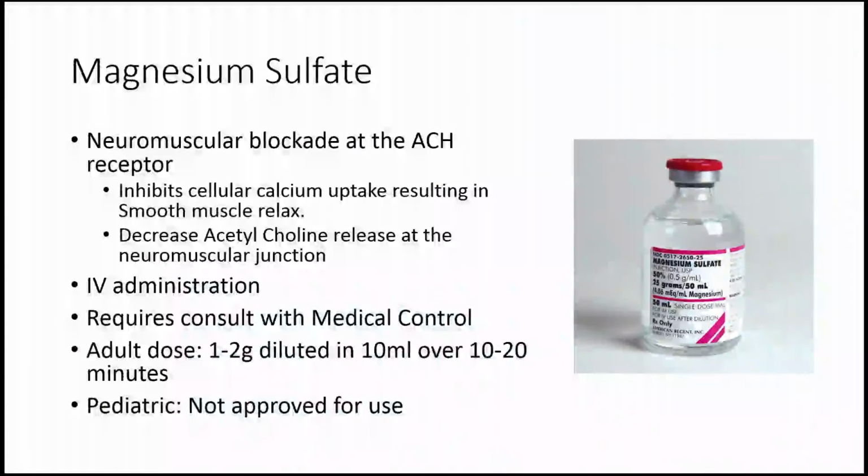We're not using mag in pediatric asthma. Doesn't mean you can't call medical control and talk to the peds ED docs. It's just they don't want this. They did not support the overall inclusive nature of magnesium for severe asthma, okay? They also don't have IM epinephrine for pediatric asthma, okay?